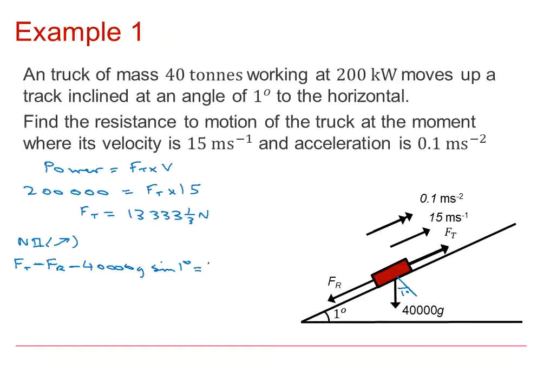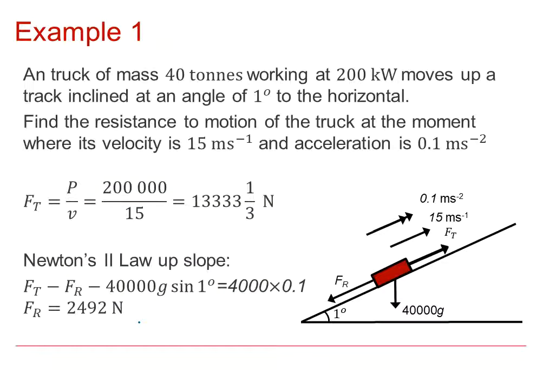Equals the mass, which is 40,000 kilograms, times the acceleration, which at this moment is 0.1 meters per second squared. So we know Ft, we can substitute Ft into this equation, and we can find the resistive force is 2,492 newtons, as we can see there.